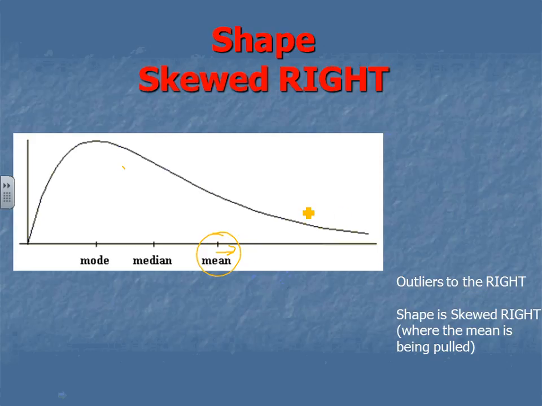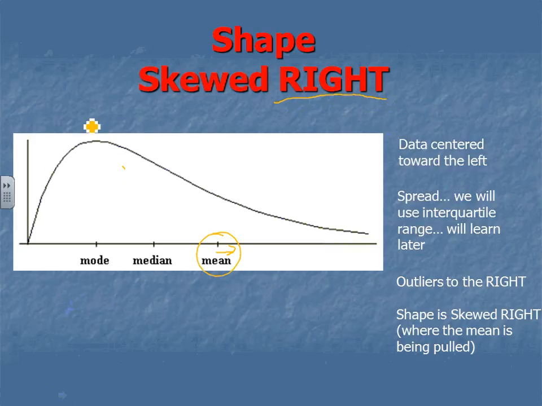Since our mean is pulled to the right, that's why we say this is skewed right. A lot of students have difficulty remembering this. They think because the hump is on the left, you say this is skewed right. But no, you think about the skewness in terms of where the mean is being pulled.